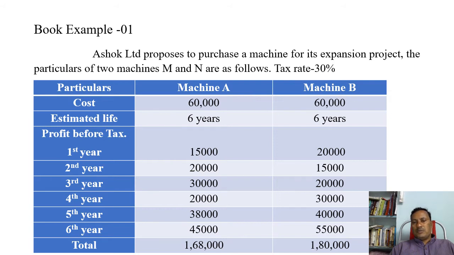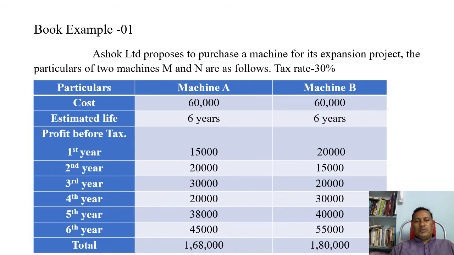Life is also the same, 6 years. Profit before tax is given. First year 15,000, 20,000. Second year 20,000, 15,000. Third year 30,000, 20,000. Fourth year 20,000, 30,000. Fifth year 38,000, 40,000. Sixth year 45,000, 55,000.